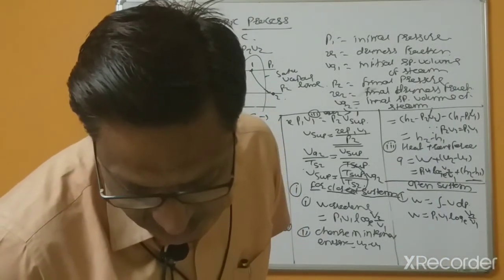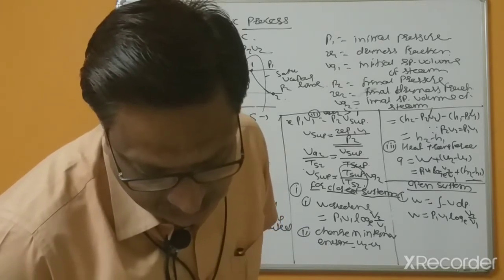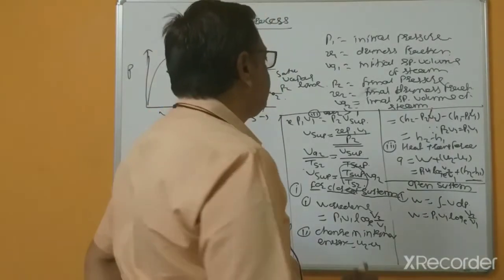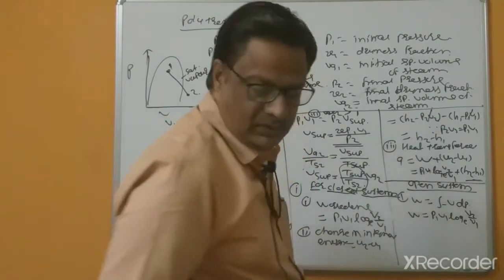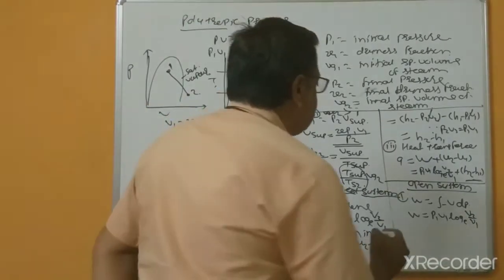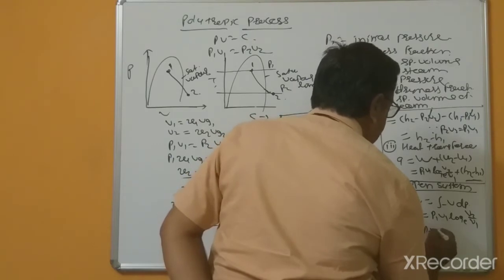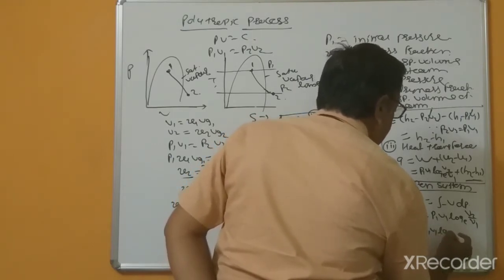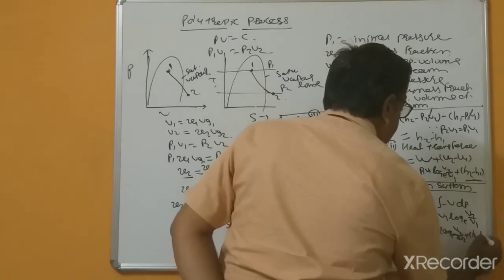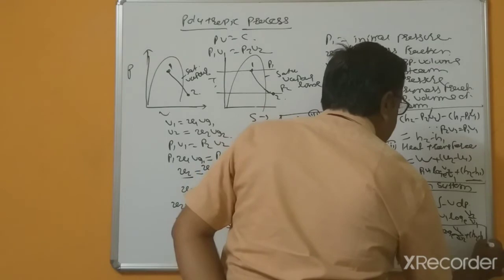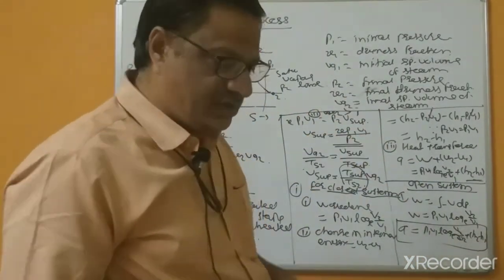You will get the same formula, and heat transfer for open systems also gives the same formula, P1 V1 log of e V2 by V1 plus H2 minus H1. I mean this is the same formula for non-flow systems and flow systems.